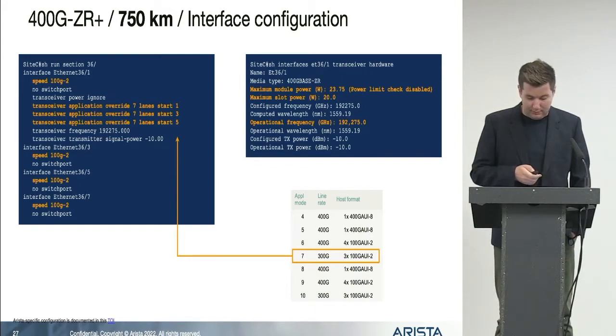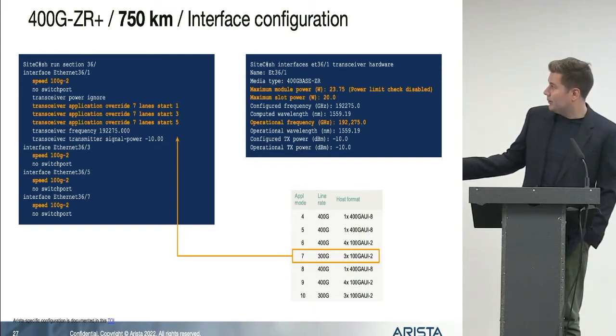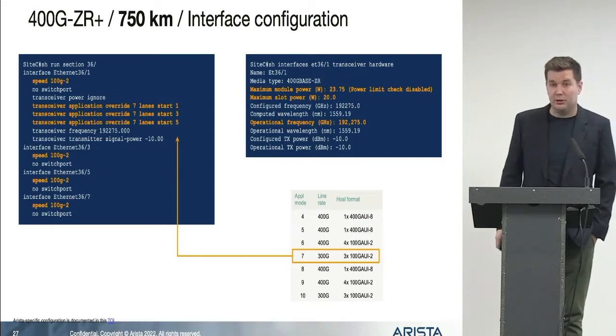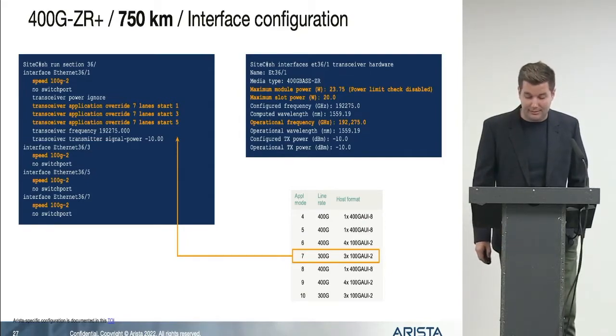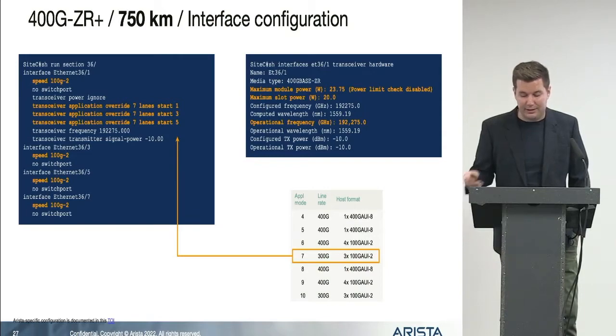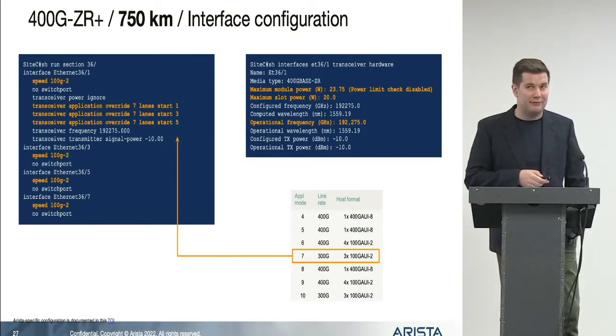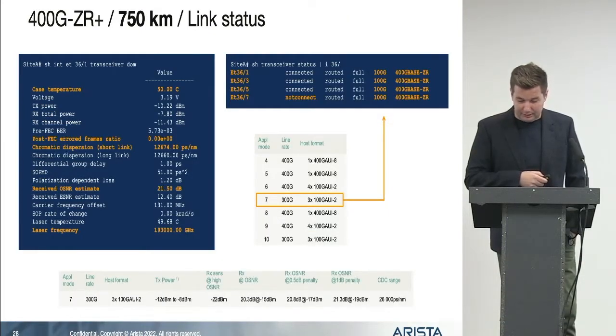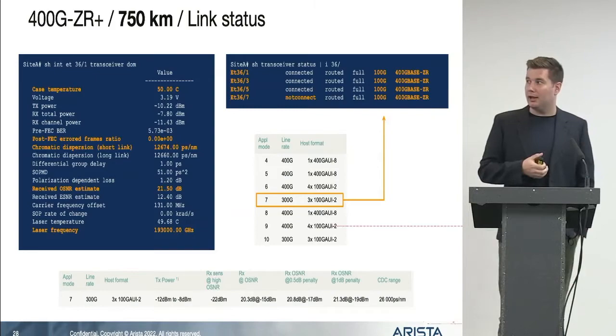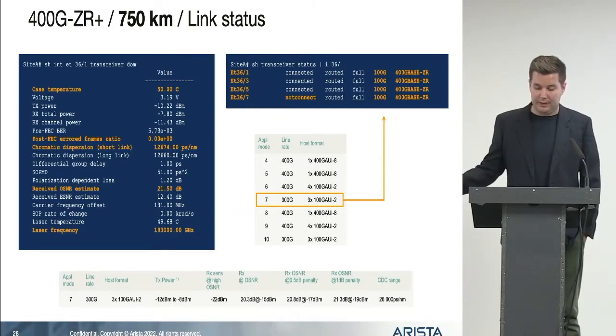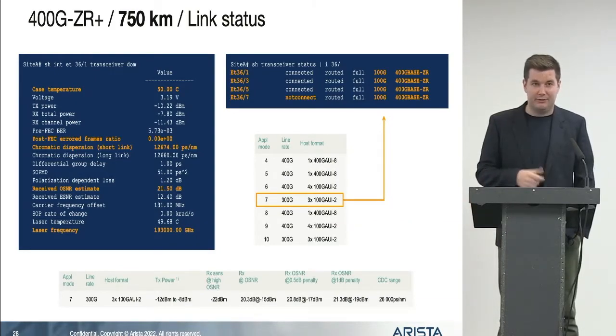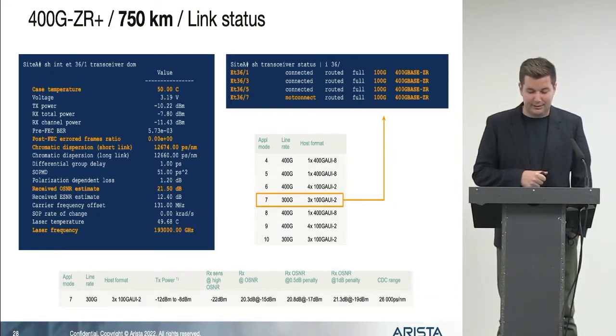I haven't highlighted it in yellow here, but we do also still need to do transceiver power ignore, because of course it's still a ZR+. It's the same type of ZR+, and therefore it's going to be consuming 23.75 watts. But yeah, everything looks good. As mentioned, because we're doing 3 by 100 gig mode here, in show transceiver status we can see we have 3 links up, Ethernet 36/1/3 and /5, just to nominate the lanes there, and naturally the /7 is not connected.